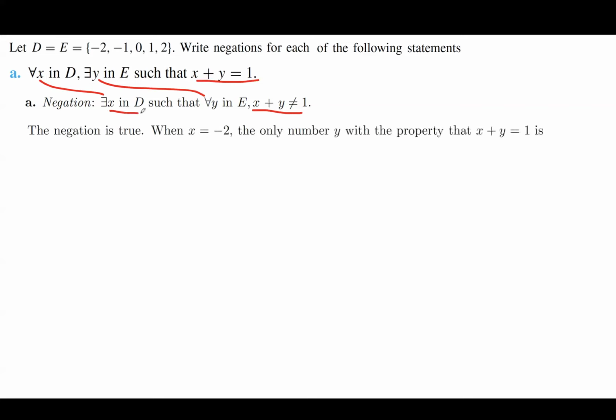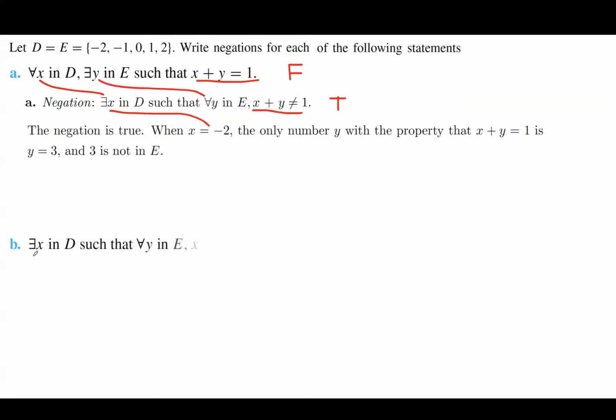I can find one x value, which is -2 in this set, for which the only y that satisfies this relation is 3, which is not part of this set. So the negation is true. Since the negation is true, the original statement is false.